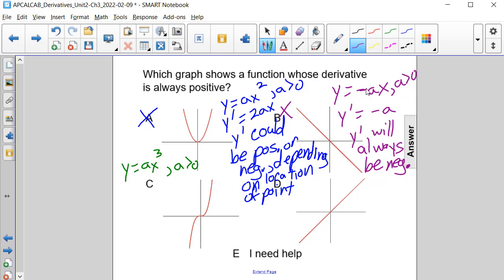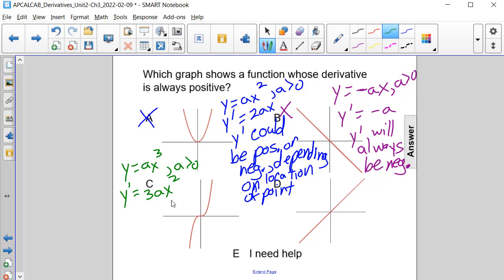But because of this negative here, it will always be a negative value as that final output. All right, so then if we differentiate choice C, y prime will be equal to 3a times x squared.